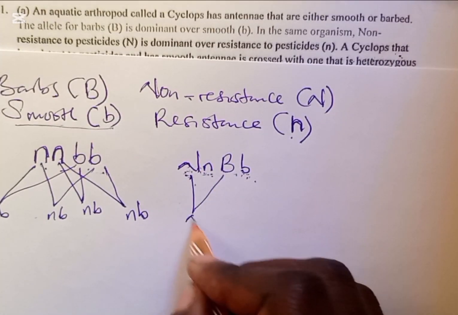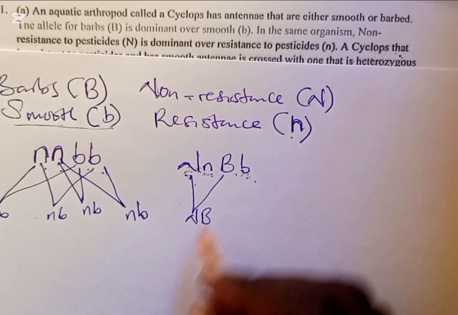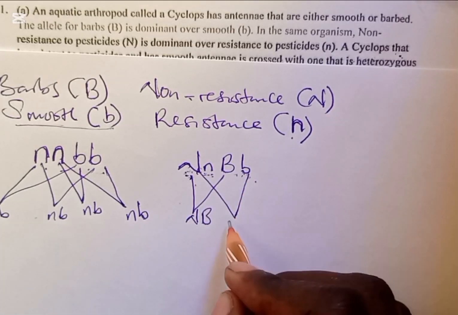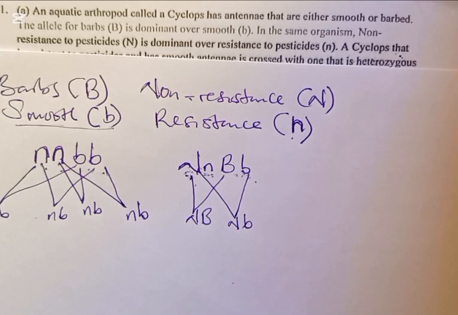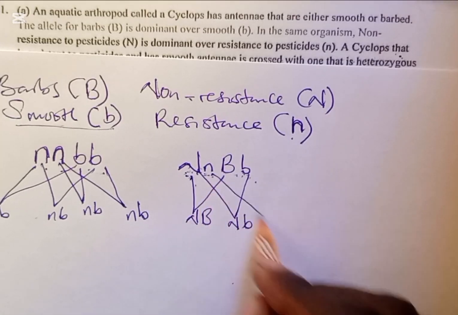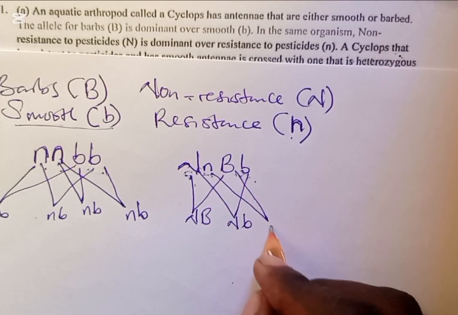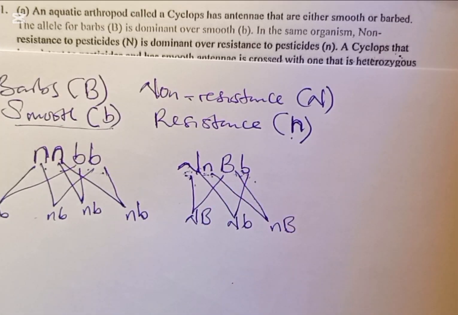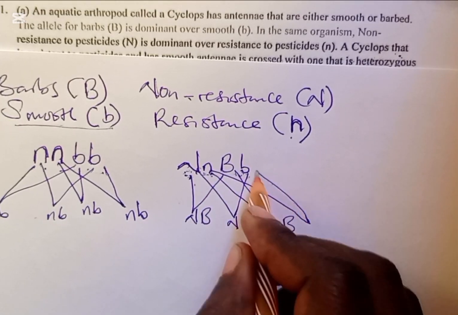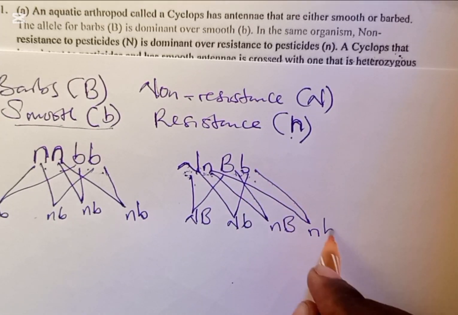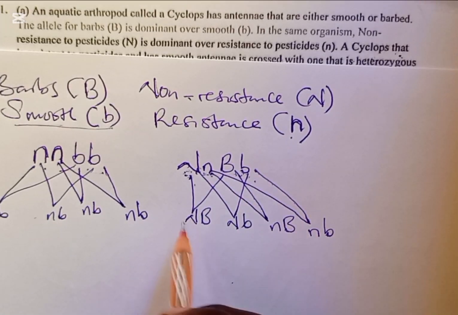This with this, you have nB. Now, capital letters, this with this is going to give us capital N, capital B and small b. This and this is going to give us nB. This and this is going to give us nb like this. Please remember to maintain the consistency. So if it's N here, N here, N here, N here, it should be N throughout. If you start with B, the B also should appear just like this.